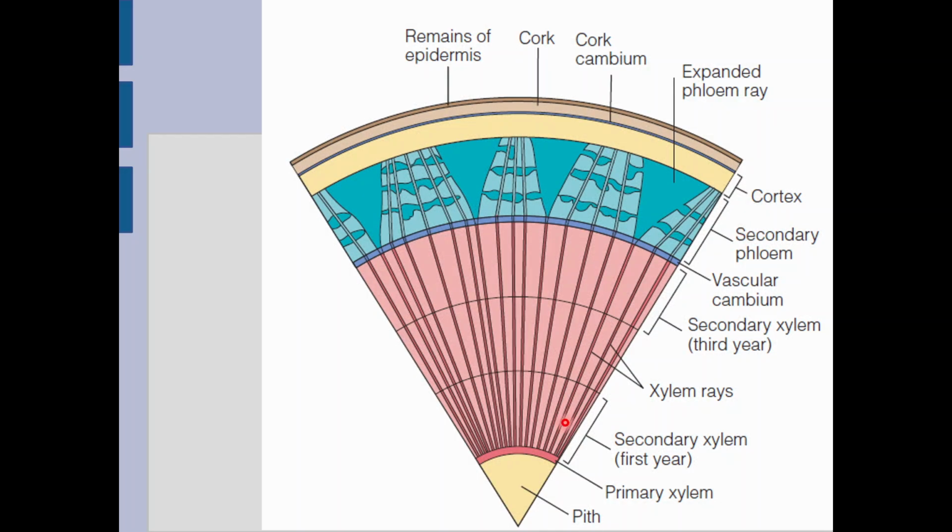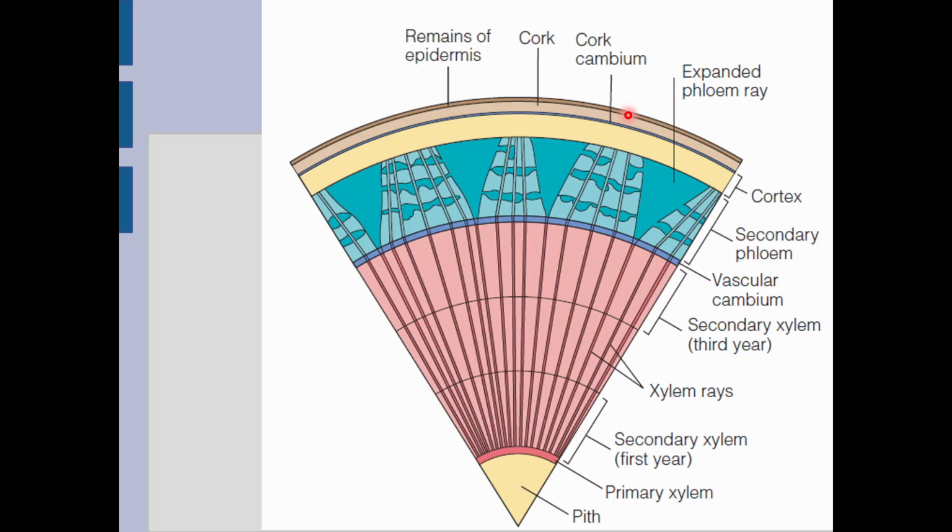And we can look at the same picture with the schematic representations of this secondary phloem, first, second, and third year growth. Then also a secondary phloem, phloem ray, cortex, cork cambium, cork, and remnants of epidermis.